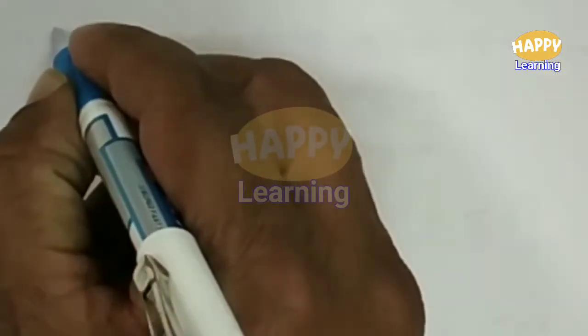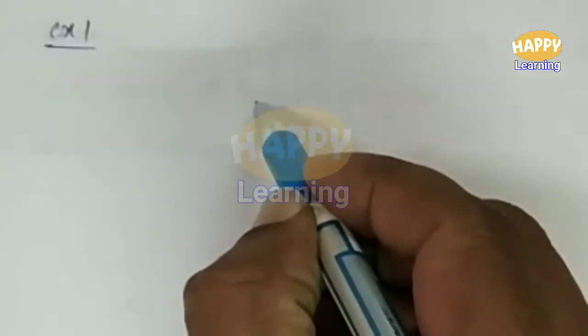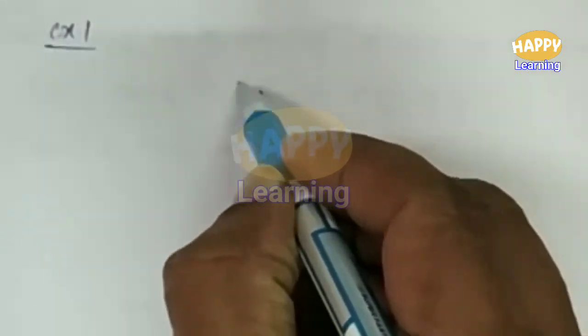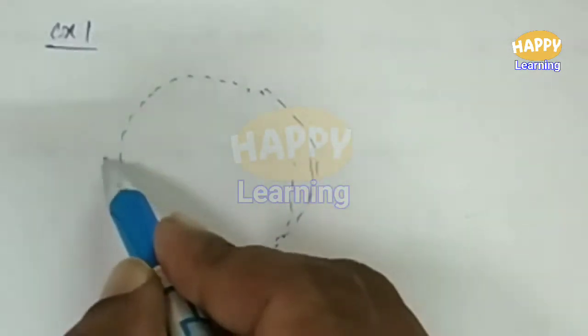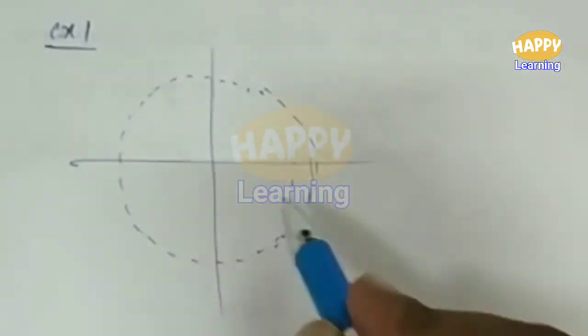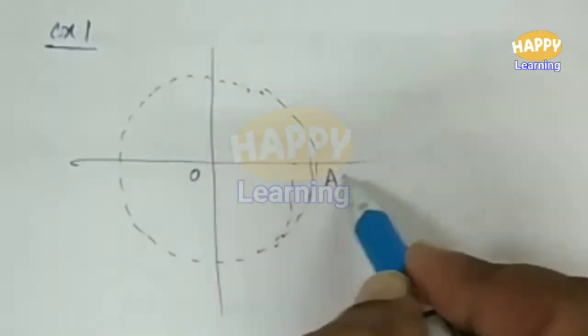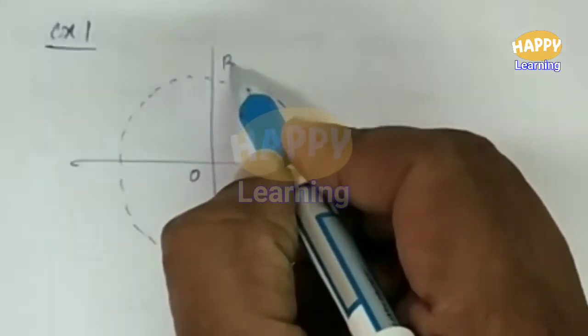Now let us understand with a few examples. Example 1. Suppose this is a circle. Draw two perpendicular axes. O is the center of the circle.